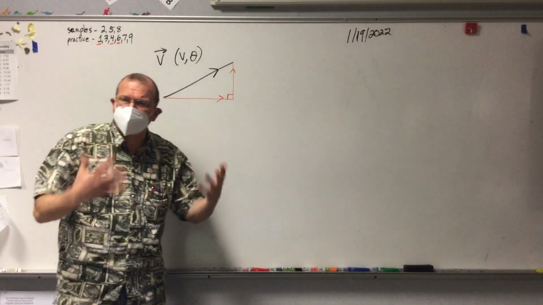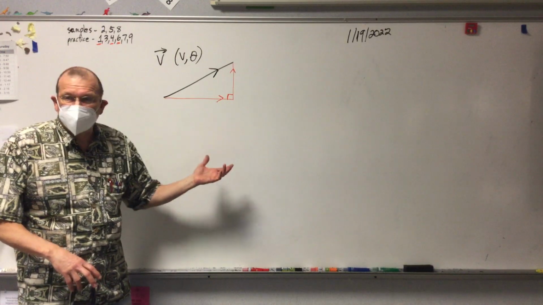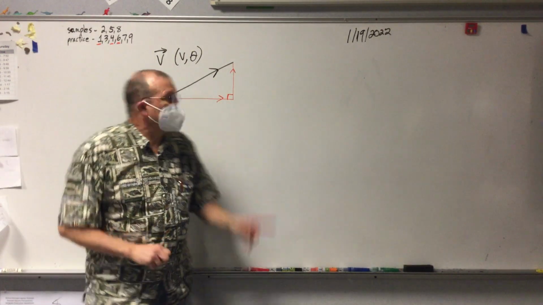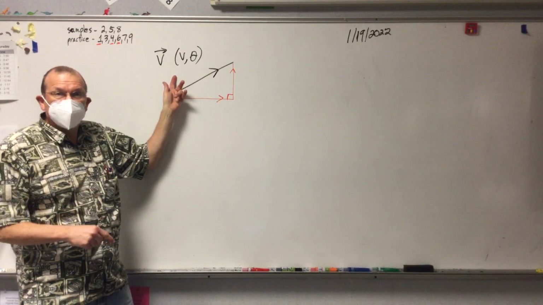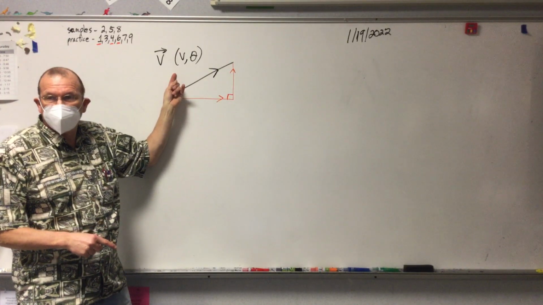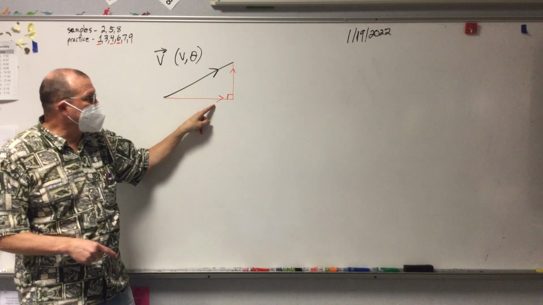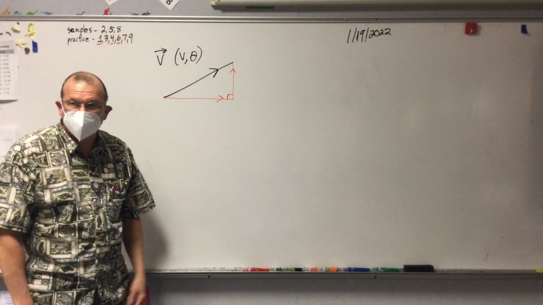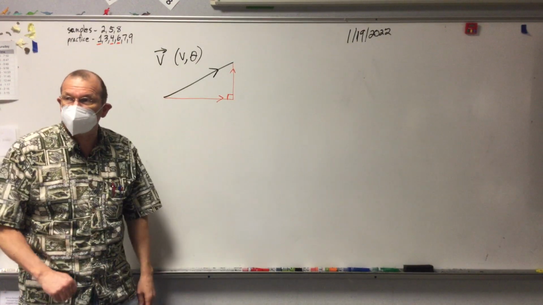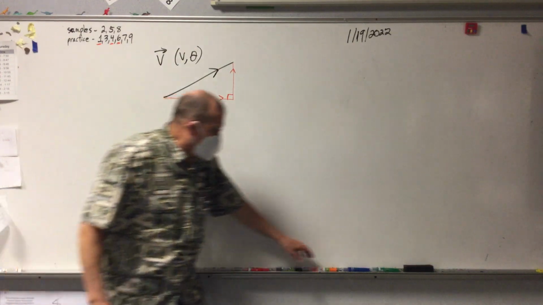So if you understand that as a concept, there's detailed math associated with it, but just realizing I really can't do math the way I normally do it when I'm given things with angles. What I need to do is rethink of those things at angles like this, then I can start to do math. Because really the only math we're going to do in each dimension is addition, and that's it.